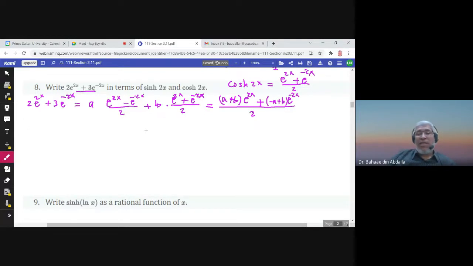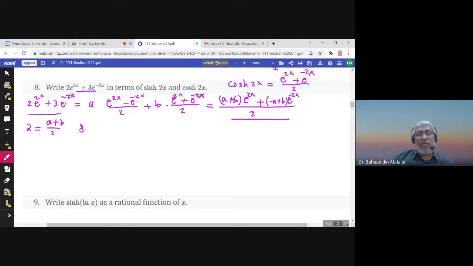Now I can say that comparing this side to this side, the coefficient of e to the power 2x should be the same in both sides. So the coefficient of e to the power 2x here is 2, and the coefficient of e to the power 2x here is a plus b over 2.